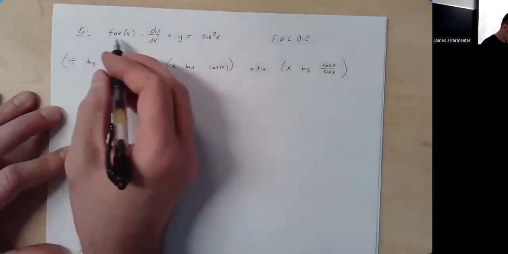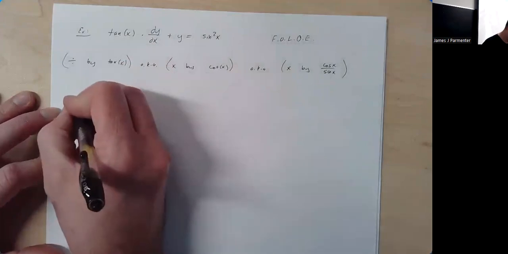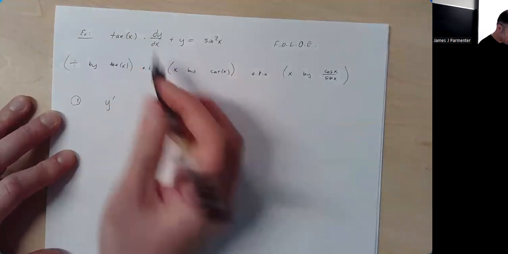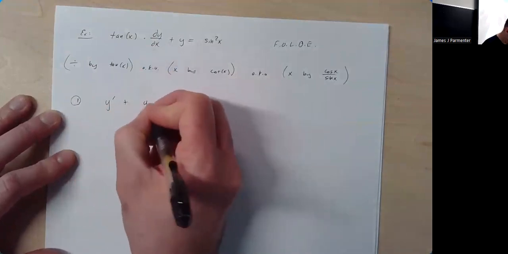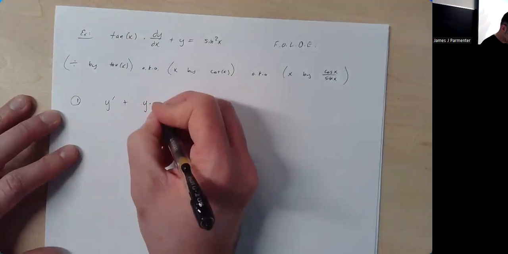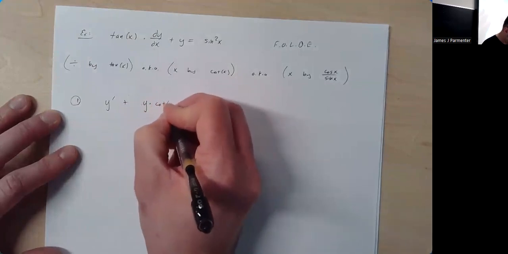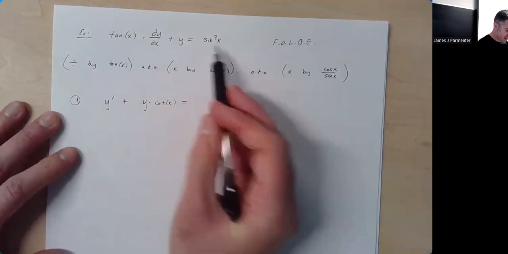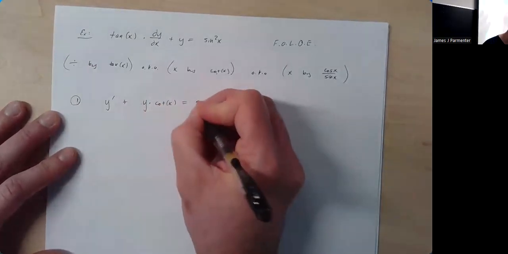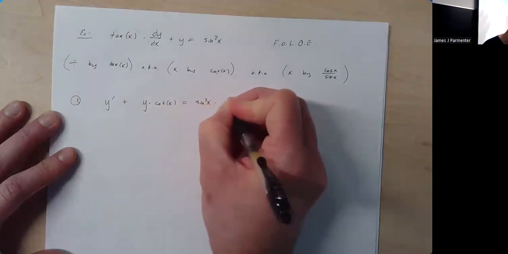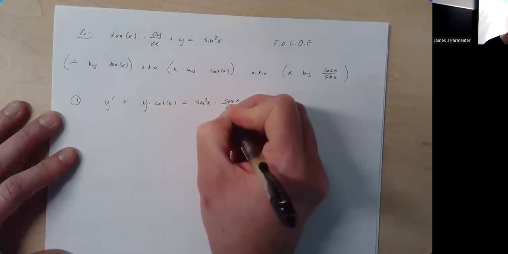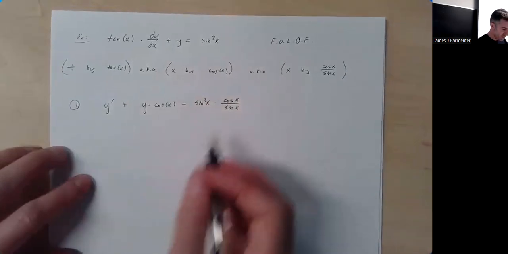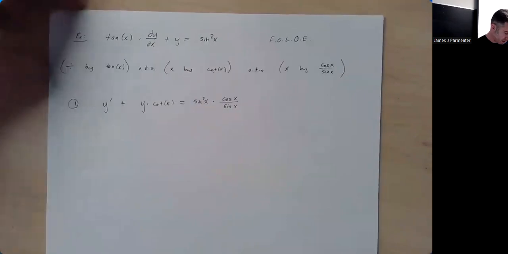So doing that, my first term is just y prime or dy dx, since I divided by tangent. My next term is y times cotangent of x. And my right-hand side is sine squared times cotangent, which is sine squared times cosine over sine. And the next step, we will rewrite this as just sine of x times cosine of x.